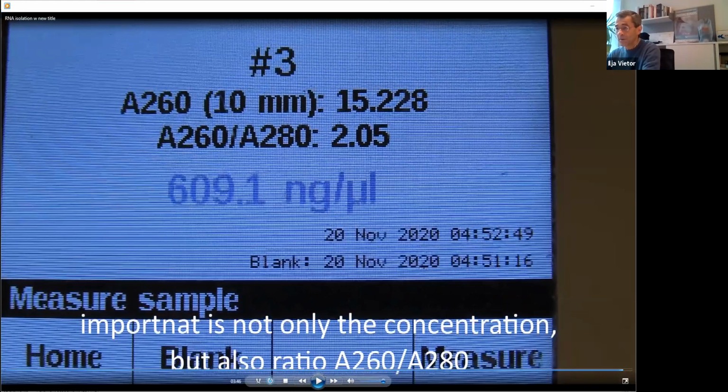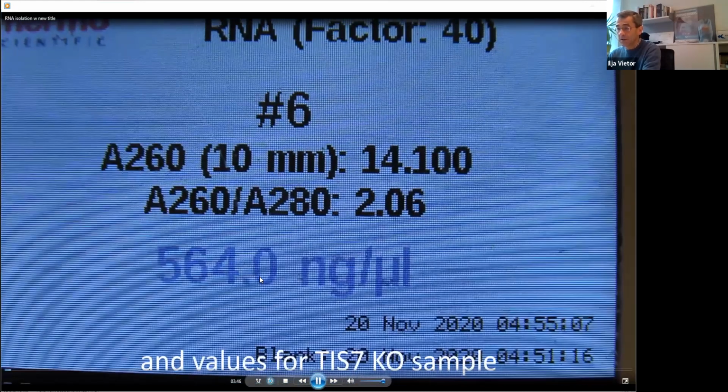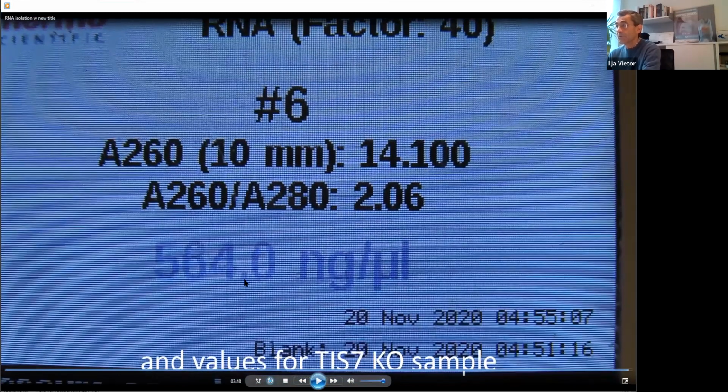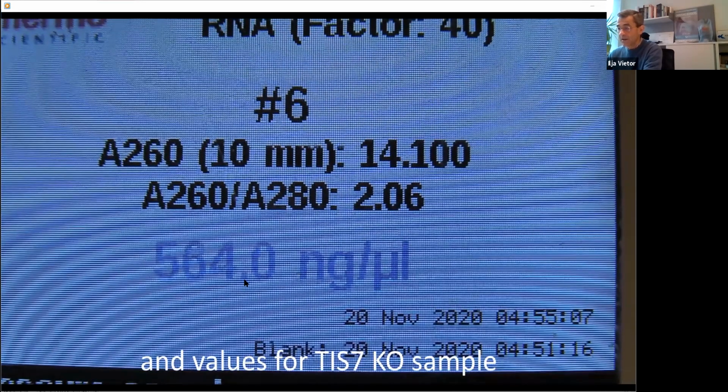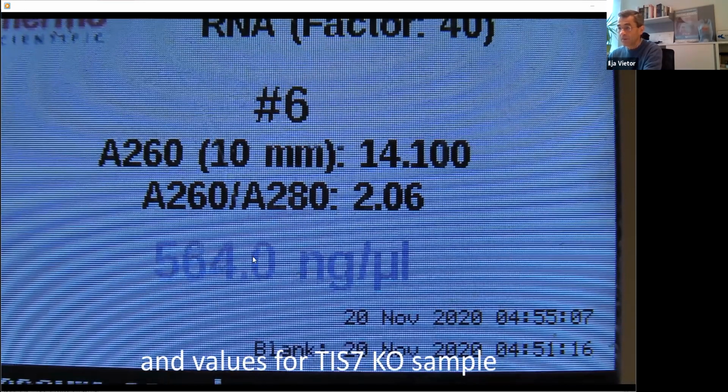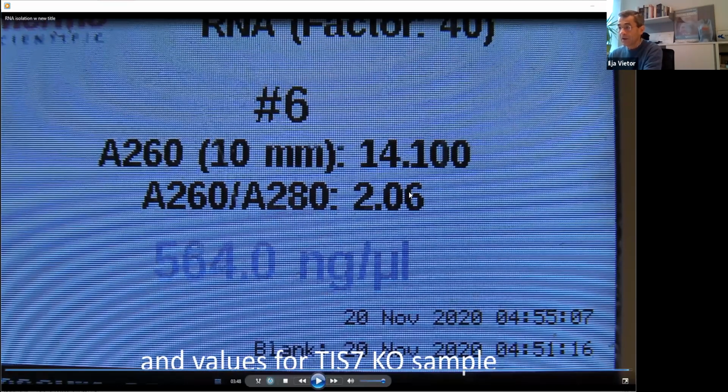That was the first sample. The second was the knockout, which was lower. The reason for that is that, as you have seen at the beginning of this video, the pellet for T7 knockout MEVs was smaller than for the wild type, and that's probably the reason why we also have a slightly lower yield.